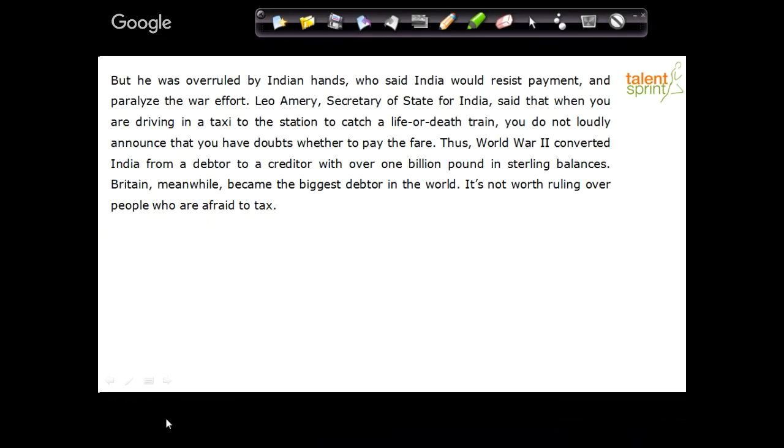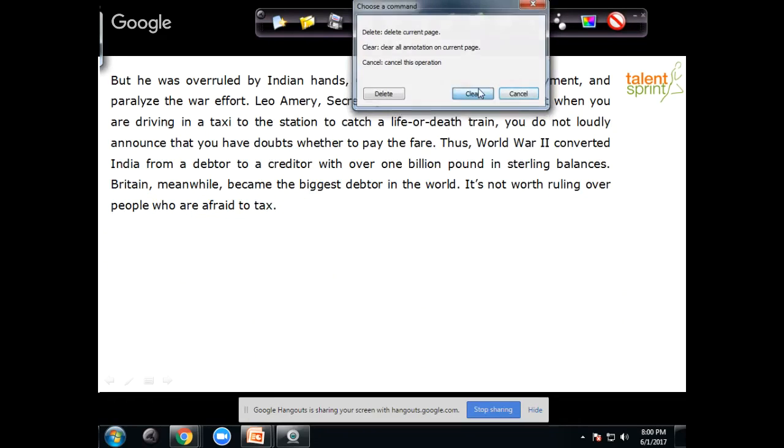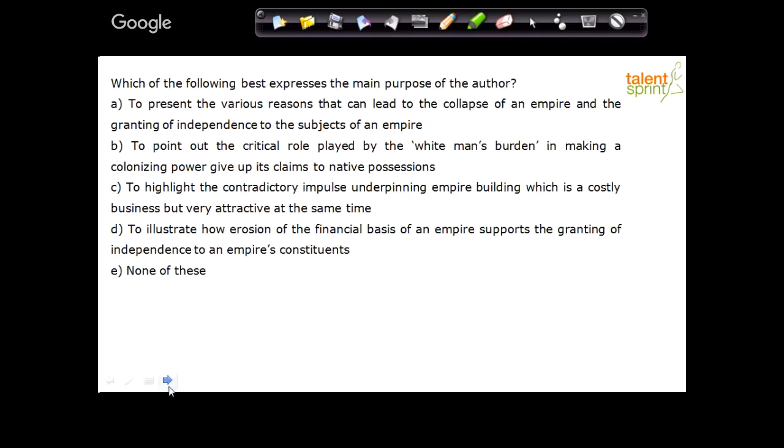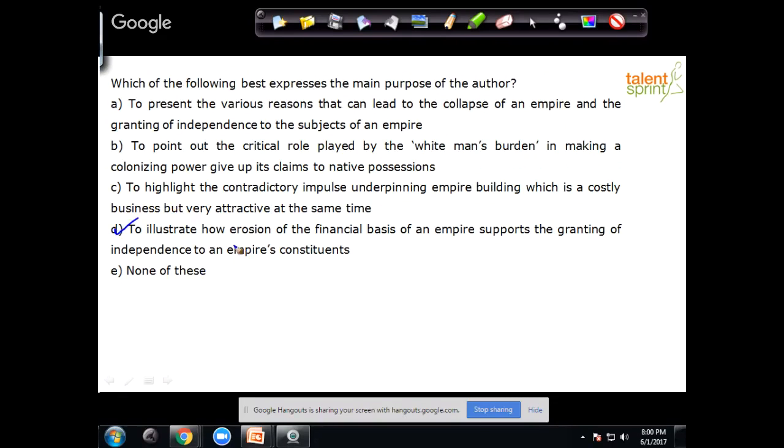So almost all the paragraphs are only referring to one thing. Thus, World War II converted India from a debtor to a creditor with over £1 billion in sterling balances. Britain, meanwhile, became the biggest debtor in the world. It's not worth ruling over people who are afraid to tax. So, if this is the case, from the given options, I will lean more towards option D, to illustrate how erosion of the financial basis of an empire supports the granting of independence to an empire's constituents.